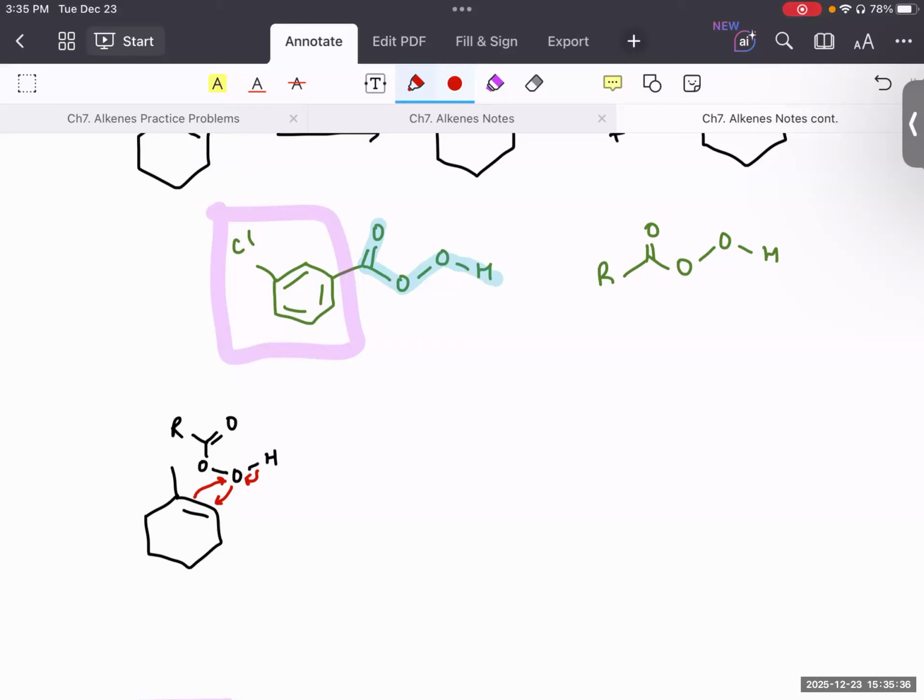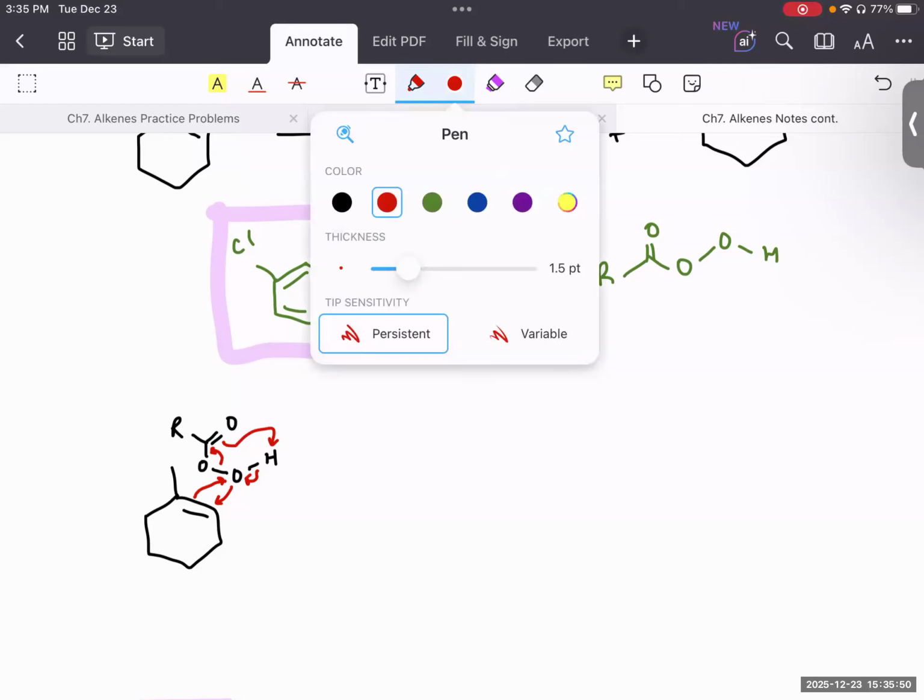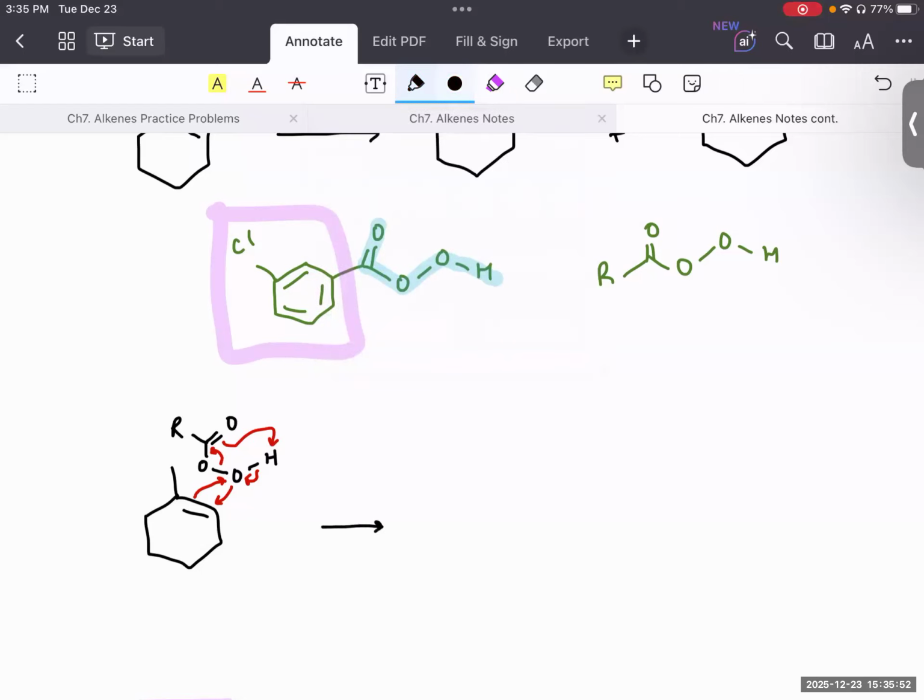The reason that can happen is because the electrons from the carbon double bond into an oxygen can bind to that hydrogen. And then we also break this oxygen-oxygen bond here, and so electrons shift over to the left. Altogether, this makes the epoxide.